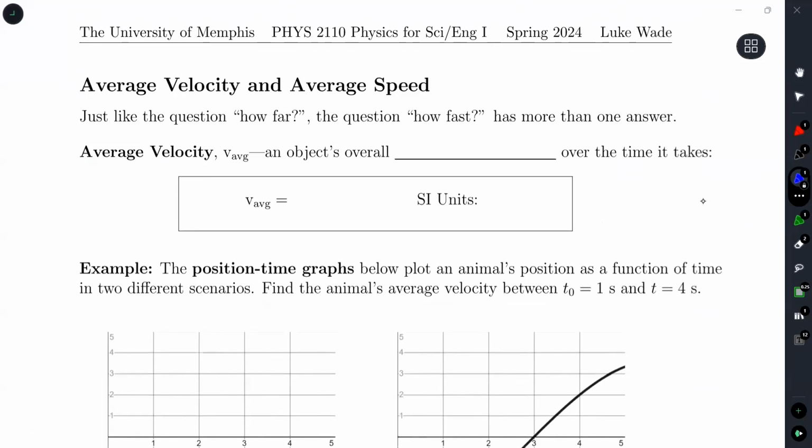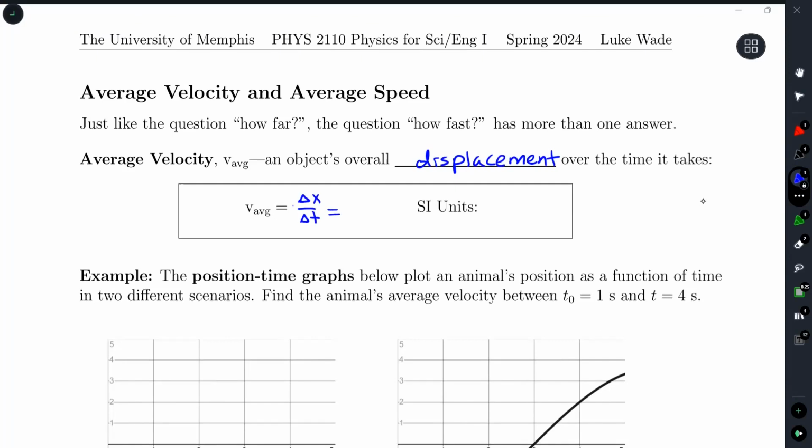That is just something's displacement over the time it takes. Change in position over change in time, or final minus initial position over final minus initial time. Okay, what are the units for average velocity? Meter per second.